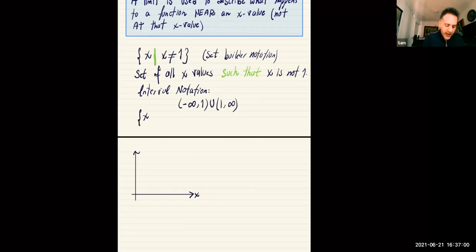You can say x is such that x is any real number, where that symbol means is in the real set, with x can't equal 1. This is a redundant notation.